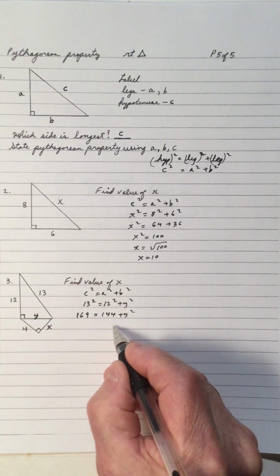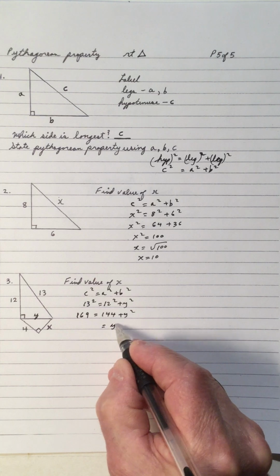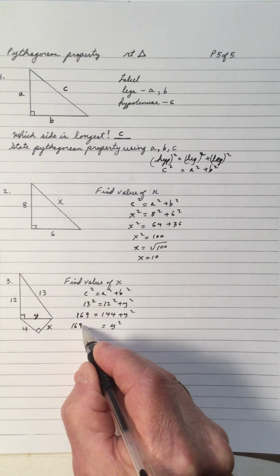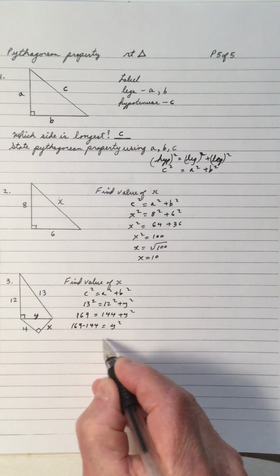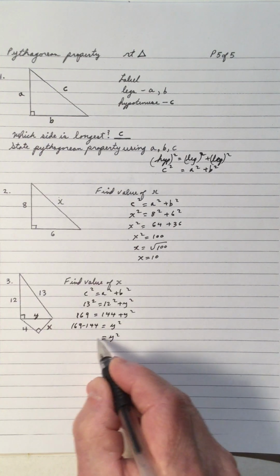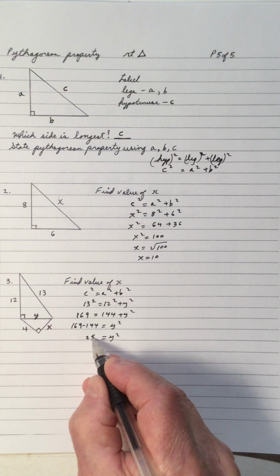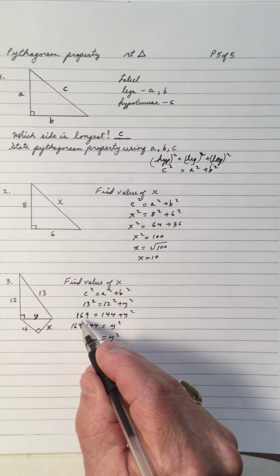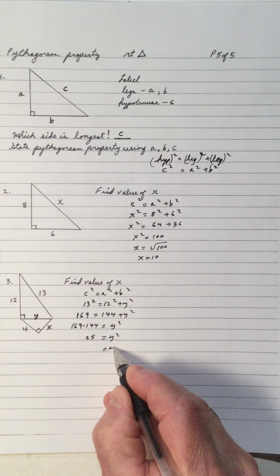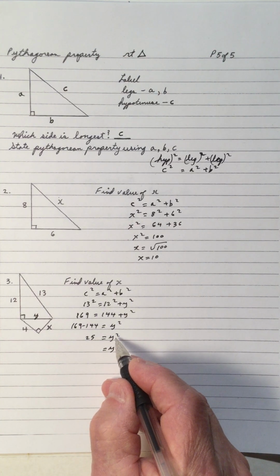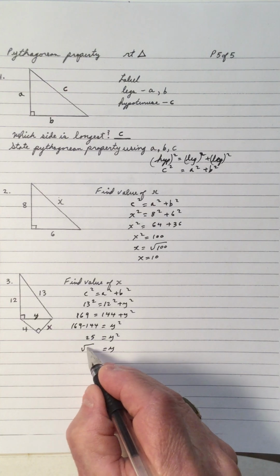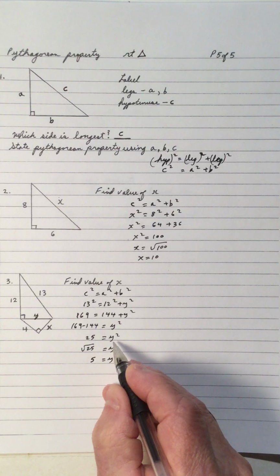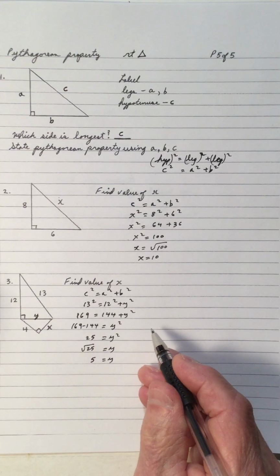Now we want y squared, so 169 minus 144 means that y squared is 25. Notice that 144 plus 25 is 169. What number do you square to give you 25? The square root of 25 is 5, so 5 squared gives you 25.